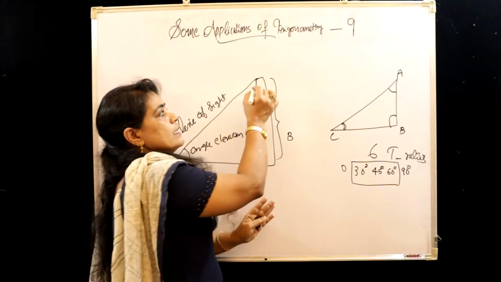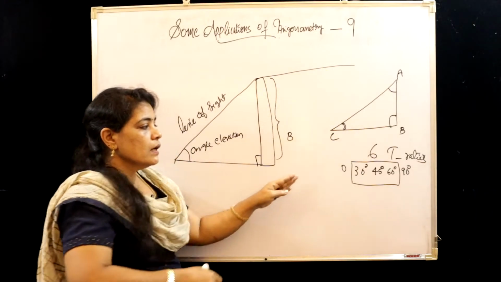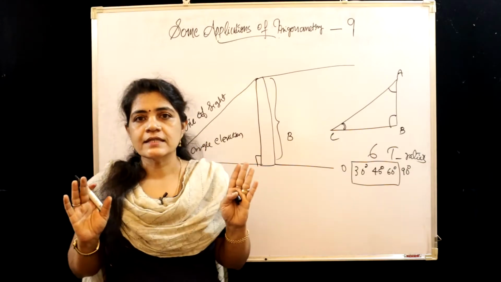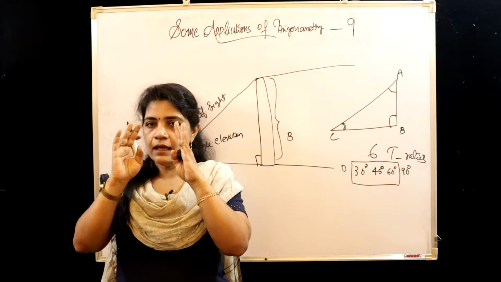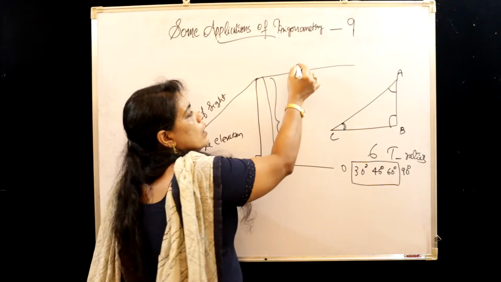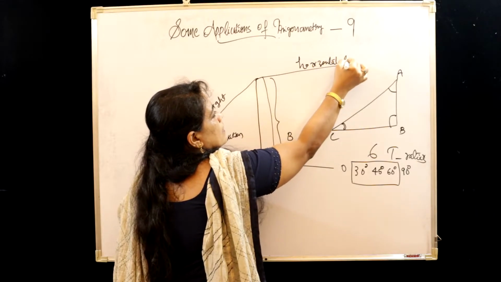There is a line which is always parallel to the ground level, isn't it, children? Suppose I am simply standing here, my eye is parallel to the ground, isn't it? And this line is what we call the horizontal level.